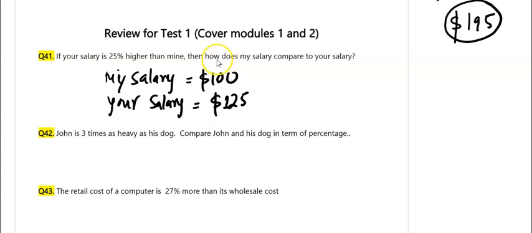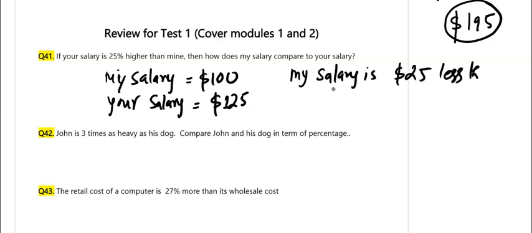The question asks, how does my salary compare to your salary? Obviously my salary is less. My salary is $25 less than yours. So I'm comparing my salary to your salary.